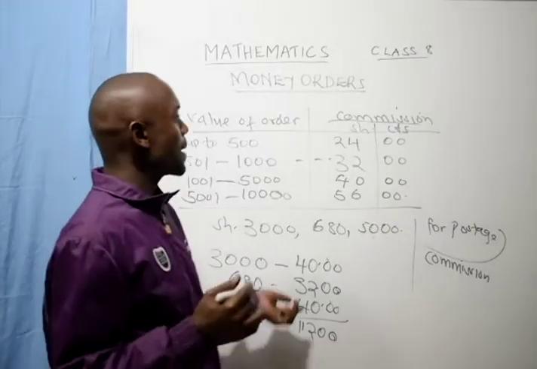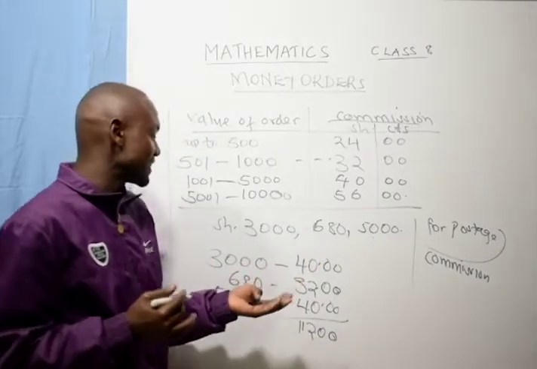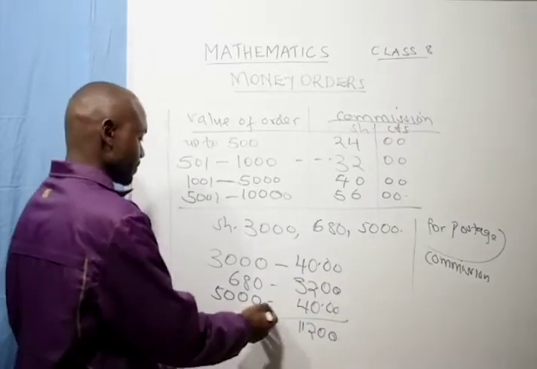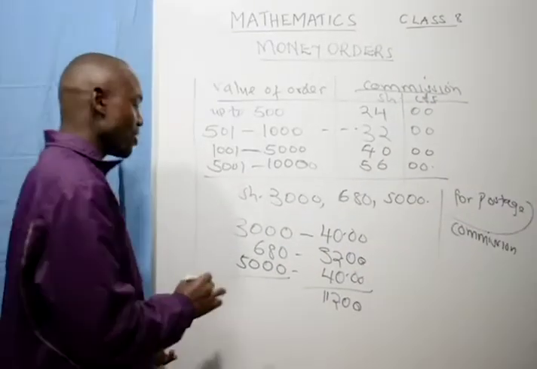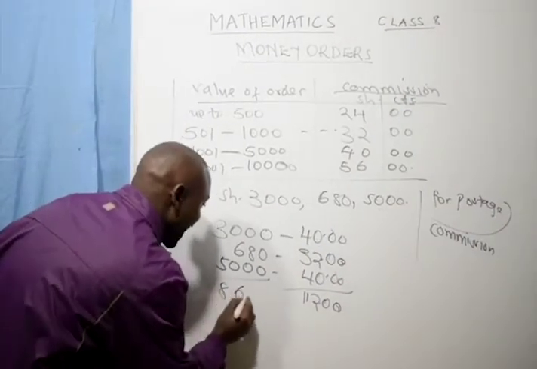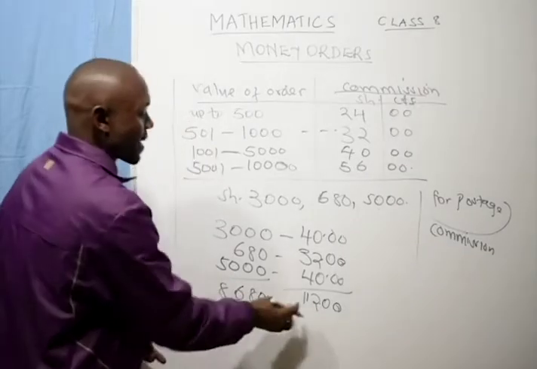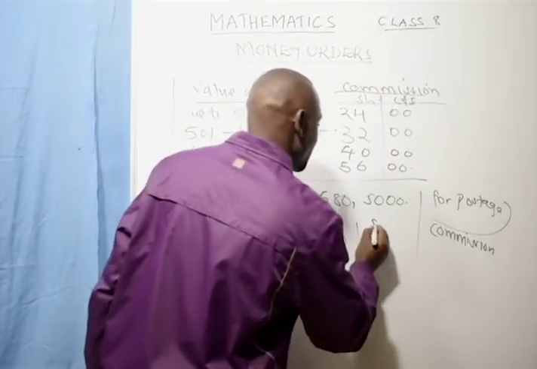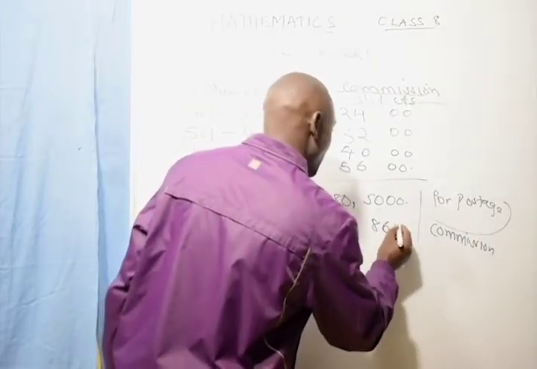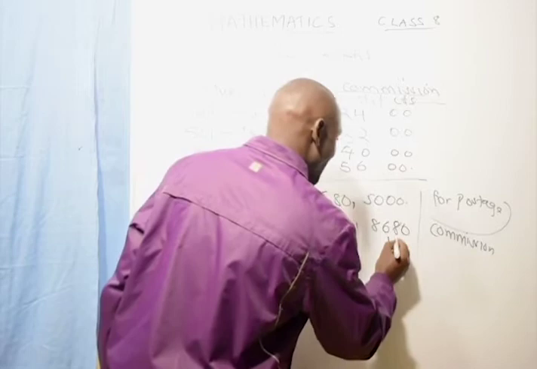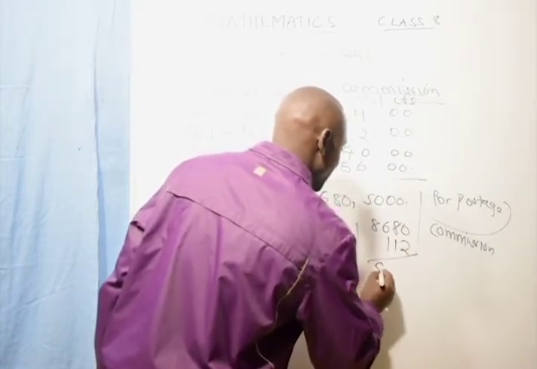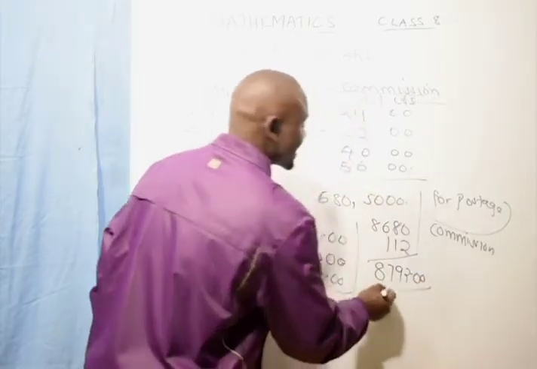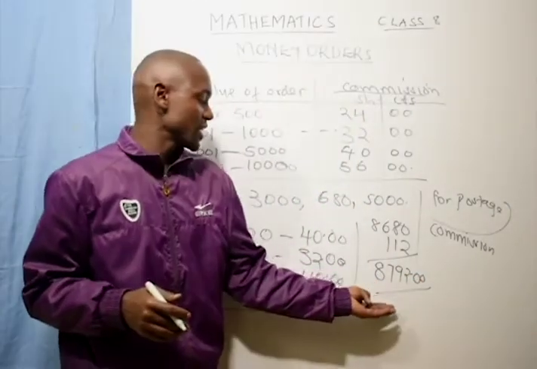So the value of orders is 8,680 shillings plus the commission of 112, which is 8,792 shillings. That is the amount of money he paid at the post office.